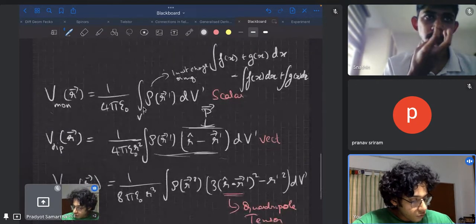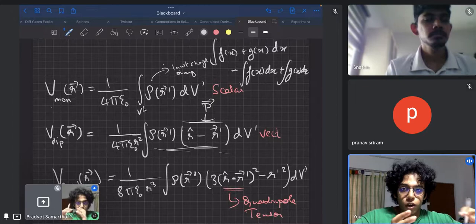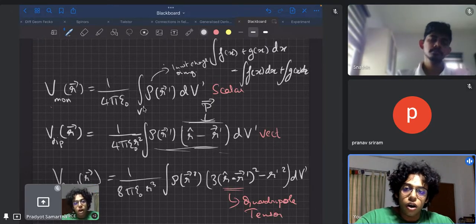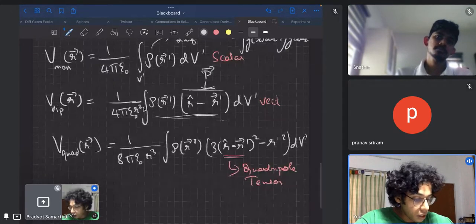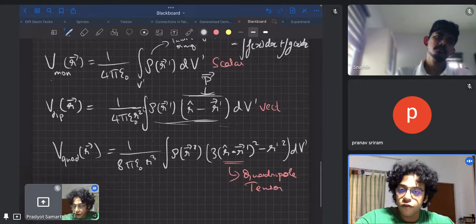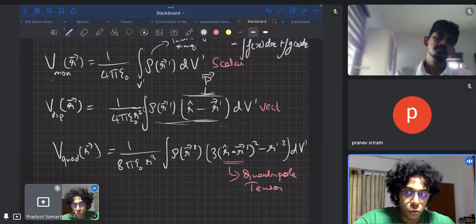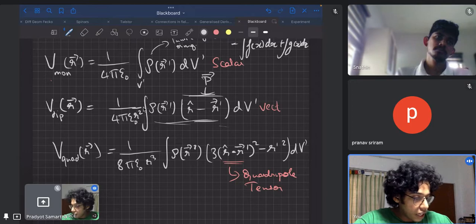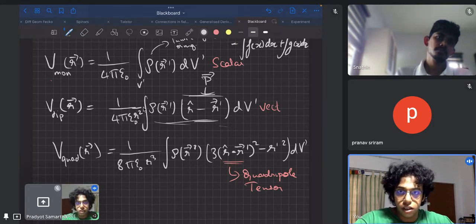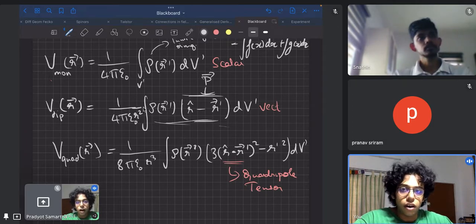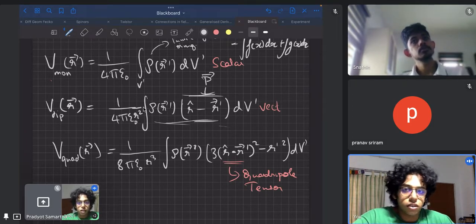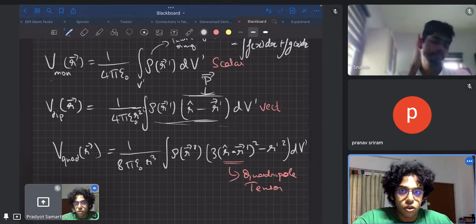So what I was saying was, if you look at the multipole expansion, the first expansion, which is the monopole expansion, is a scalar, because it doesn't have any vector terms inside the integral, right? And the density is just dependent on the volume distribution, right?